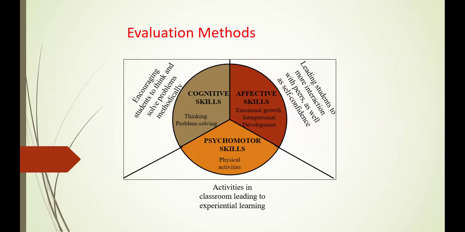And from the cognitive domain, some achievement tests are also shown. Here also, some classifications are there. In the cognitive domain, we find some levels from 1 to 6. In the old version, evaluation is on the top, but in the new one, creating is on the top.